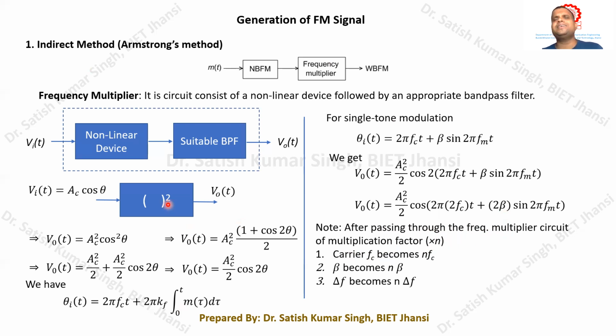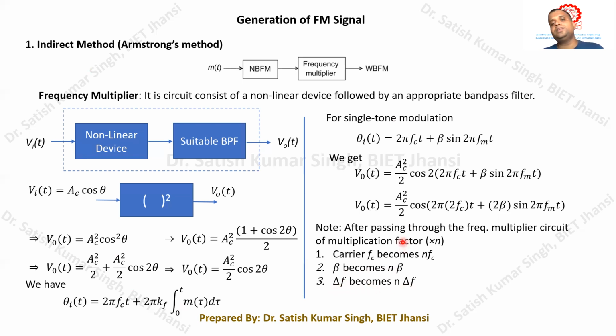In the generalized expression, the carrier frequency fc becomes n fc, since it is multiplied by the factor n. Similarly, beta becomes n beta and delta f becomes n delta f.